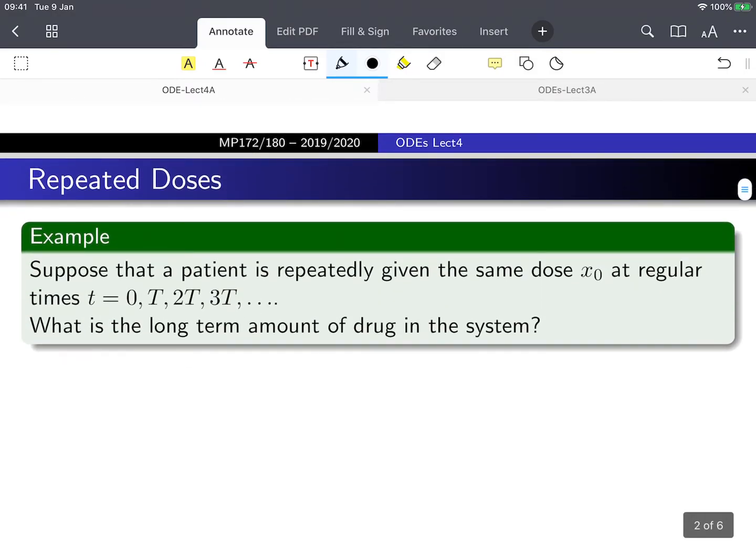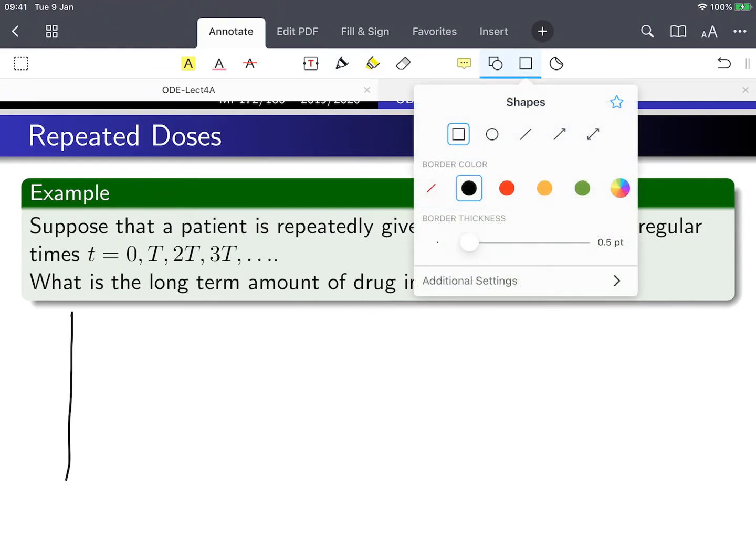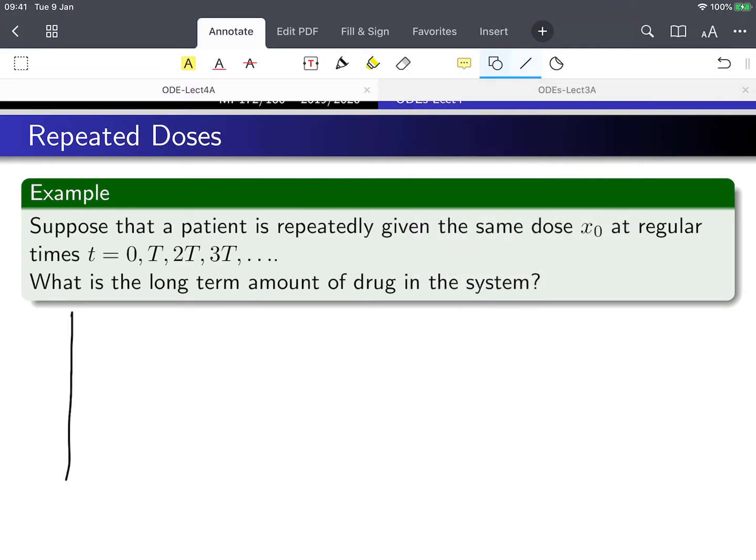Suppose that the patient is repeatedly given the same dose x0 at regular intervals. All right, so it's going to look like this. If I do a line like this, x of t, remember, that's the amount of drug in the bloodstream.